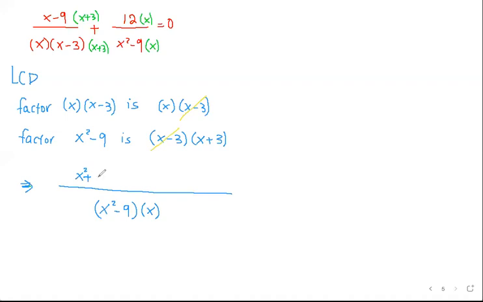Okay, again, x squared plus 3x, minus 9x, minus 27. Second one, plus 12x.